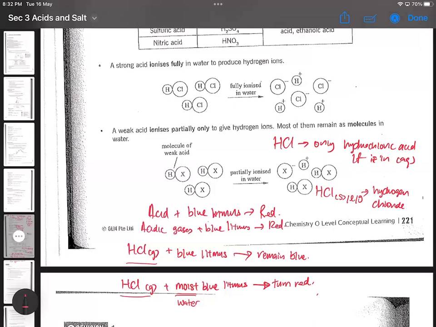So Kaylee, why do you think the moist litmus will show a change into red, whereas the unmoist version doesn't?